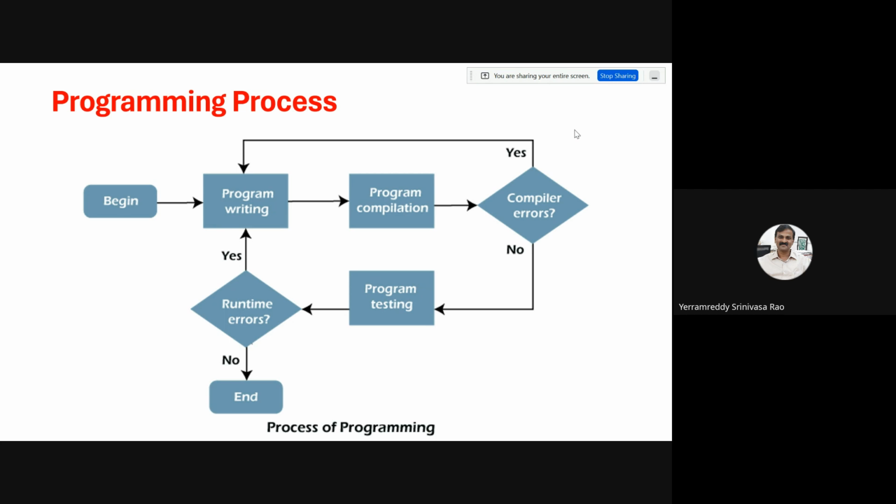So that is the role of a compiler. A compiler will replace your program with zeros and ones that a CPU can understand. But here you have a problem. While typing the program, you may make some mistakes, what are called typographical mistakes. These mean grammatical mistakes. For example, when you construct a sentence in any language, Telugu, Hindi, English, there is a format.